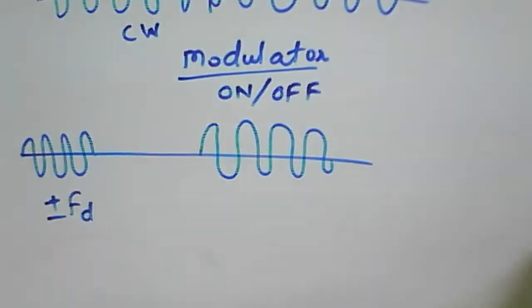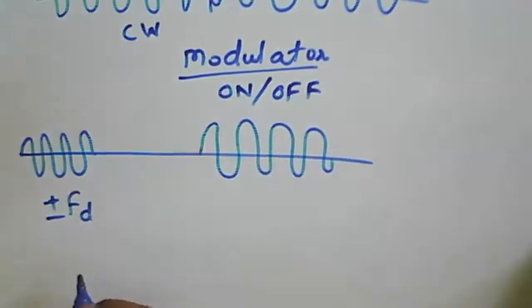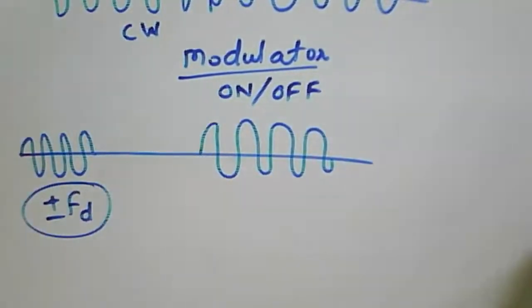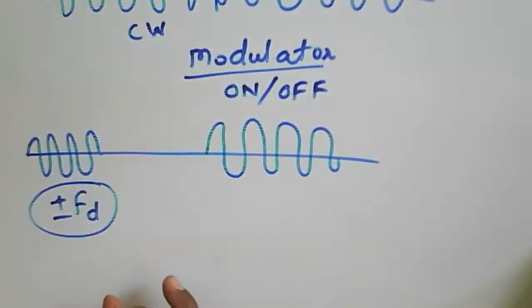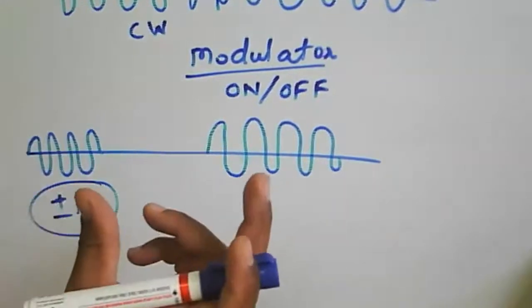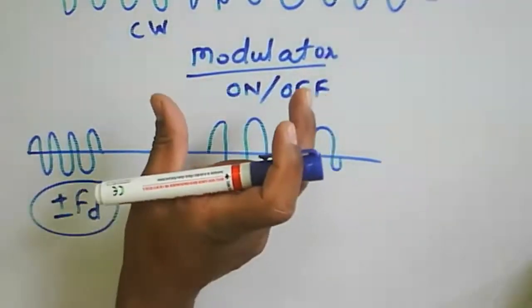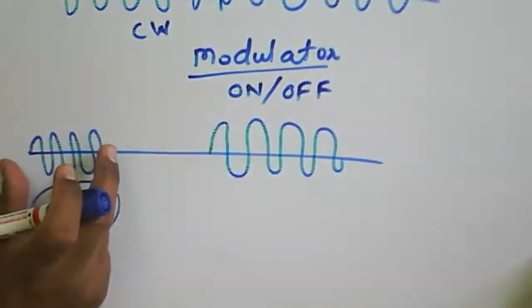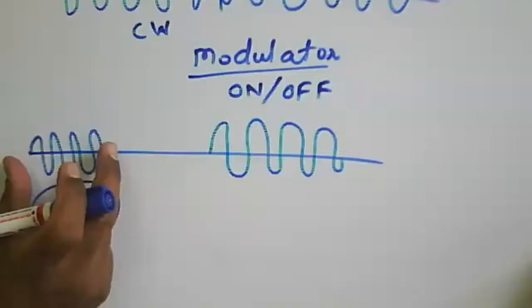Now in that case we have to find out exactly what shift occurs with respect to the signal we are transmitting. For that purpose, we know the transmitting frequency signal. Now what will be the width? That is the on width.